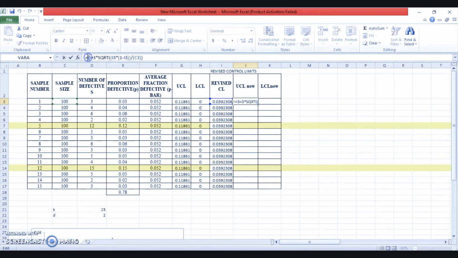Before moving ahead, again we'll be incorporating the dollar sign so that we can obtain the values for the rest of the sample.